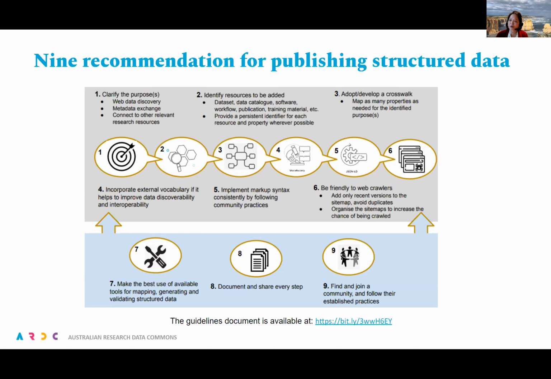It is also important to incorporate external vocabularies, if that can improve data discoverability and interoperability. Then the next step comes to encoding these properties. It's important that syntactic interoperability is as important as semantic interoperability.